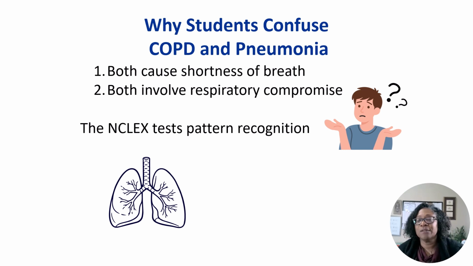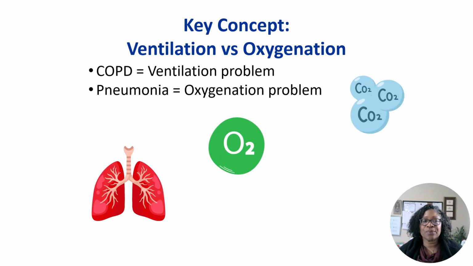So why do students confuse COPD and pneumonia? Most students confuse these two because both conditions involve difficulty breathing. So let's see the difference. The primary problem in each of these is different.